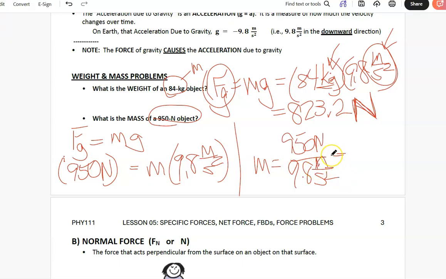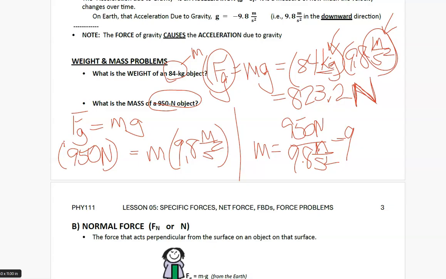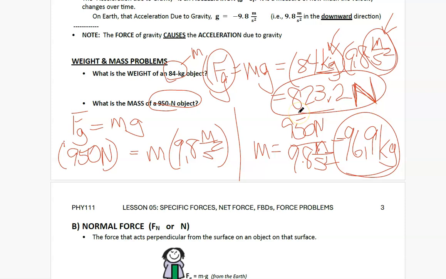And again, plug that into a calculator, and you will get a value of 96.9 kilograms. Because it's a mass, it's going to be in kilograms. And there's our answer to that.